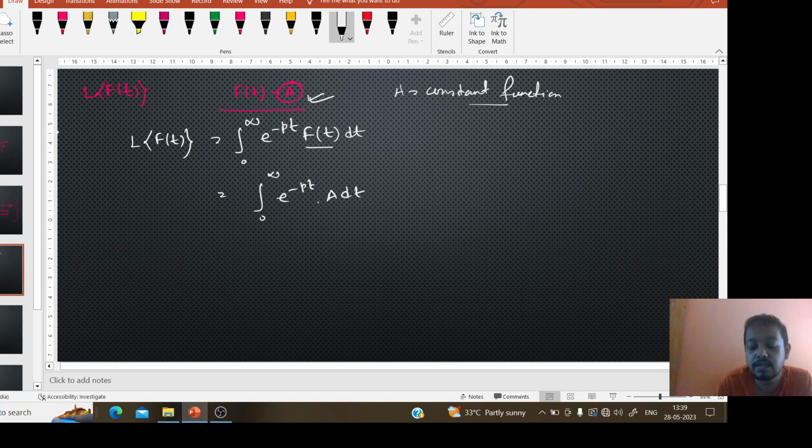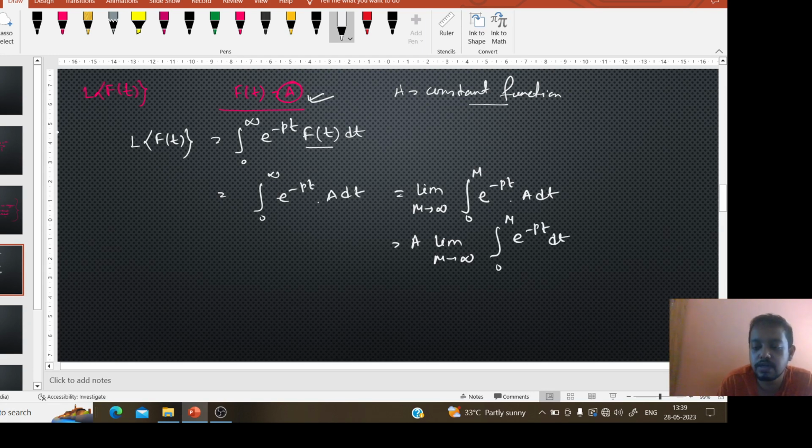See that this is an improper integral, so we can write it as the limit as m tends to infinity of the integral from 0 to m of e to the power minus pt into a dt. So this is a into the limit as m tends to infinity of the integral from 0 to m of e to the power minus pt dt. Now if we integrate this, we get a into the limit as m tends to infinity of minus e to the power minus pt by p, from 0 to m.